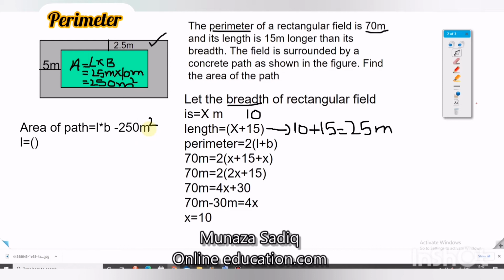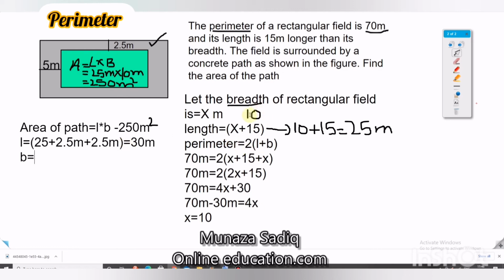L is equal to 25 plus 2.5 meter plus 2.5 meter. If this side is 2.5 meters, it means this side is also 2.5 meter. So total length we have is 30 meter.